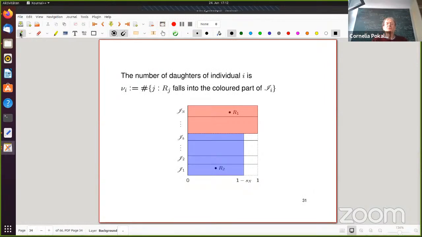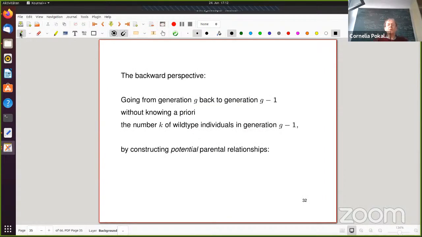And the number of daughters is this Canning's offspring number nu_I. That's the number of J's for which the R_J falls into this colored part of the stripe. And now the backward perspective, going back and looking at the potential ancestral lineages.